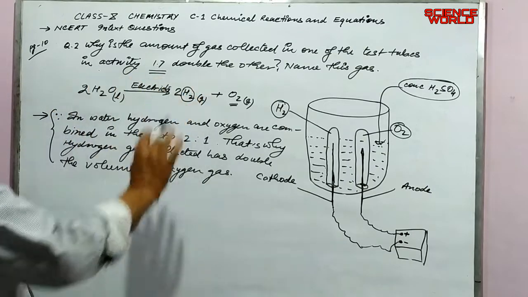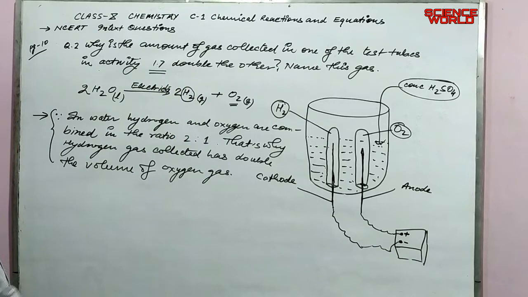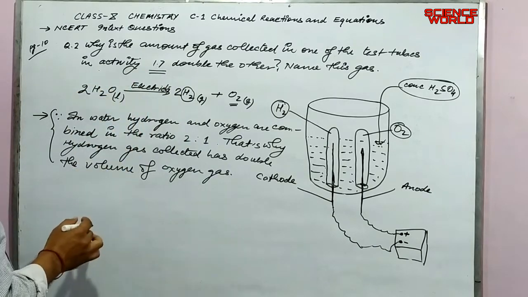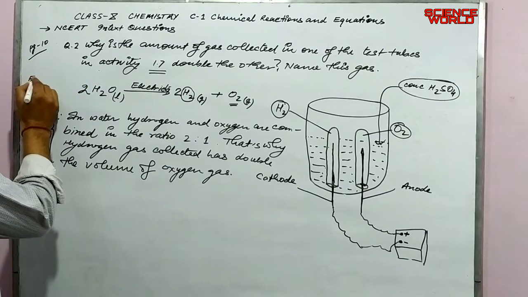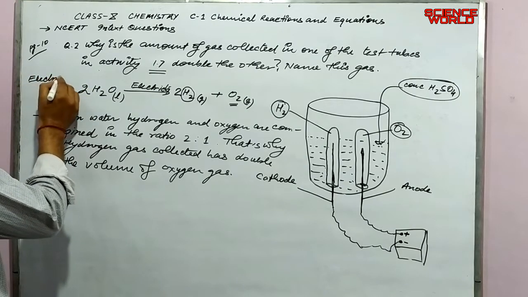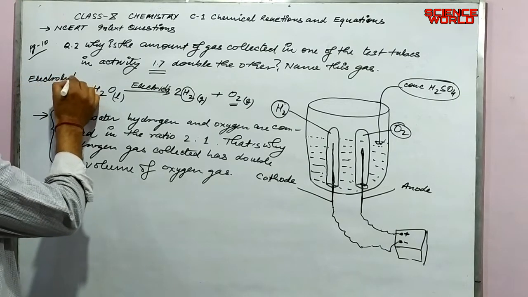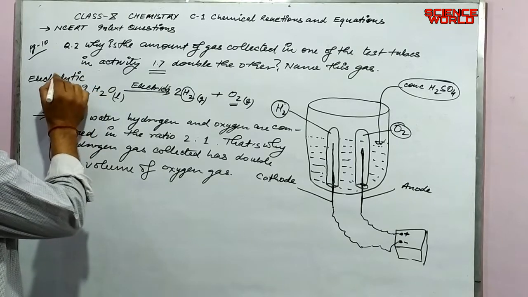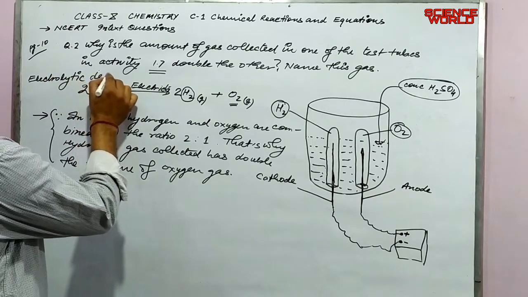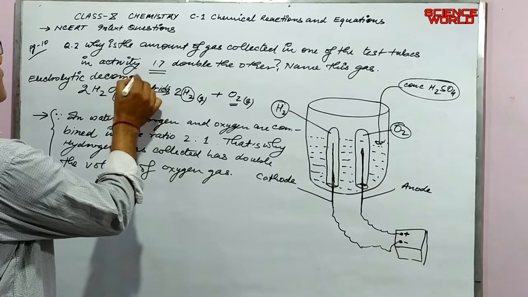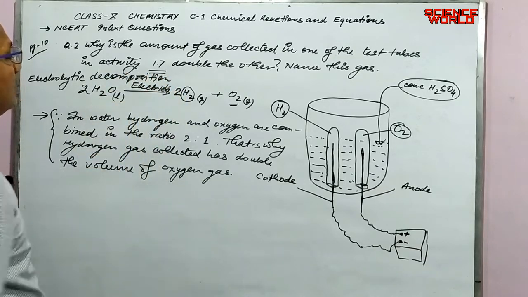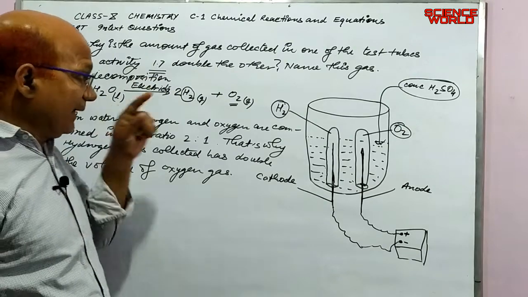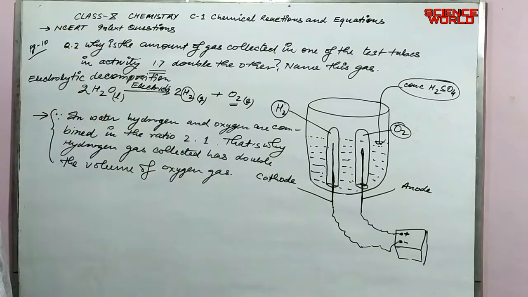Actually, this decomposition reaction takes place in the presence of electricity, so it can be termed electrolytic decomposition. Okay. This is called electrolytic decomposition. Now take a screenshot of it.